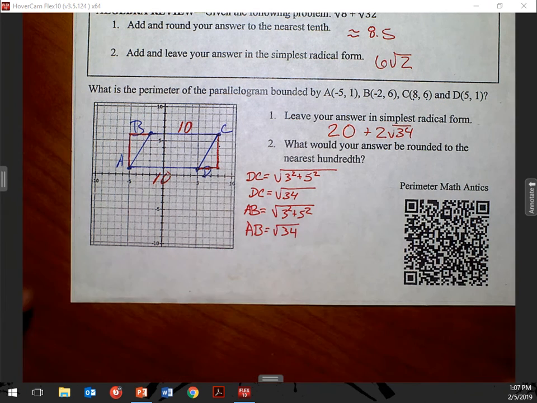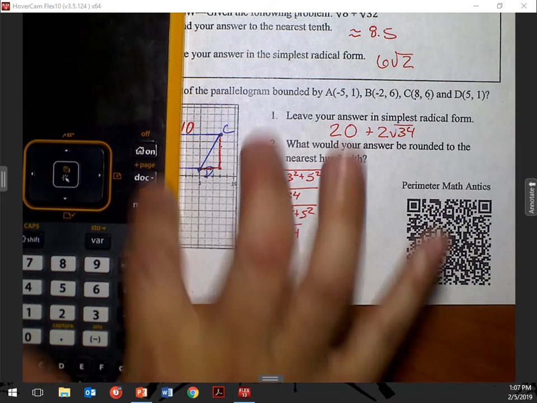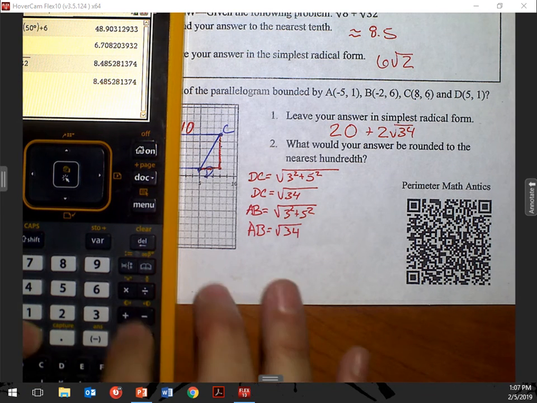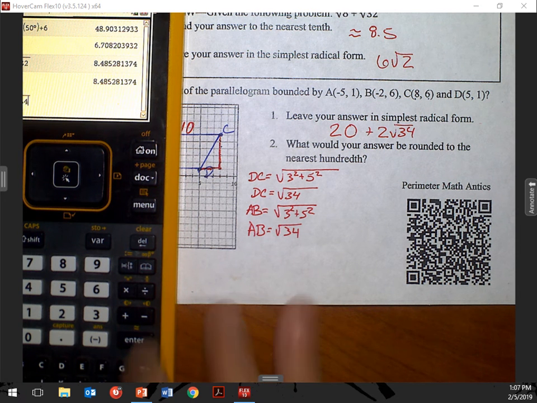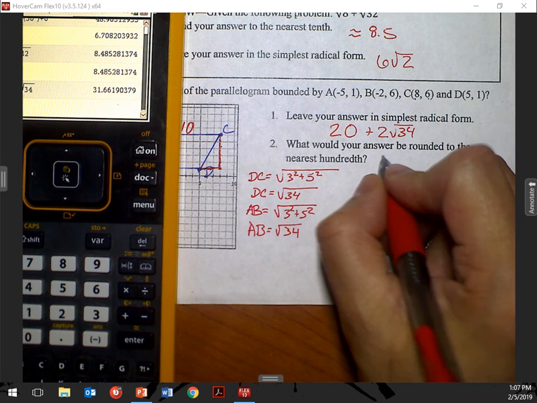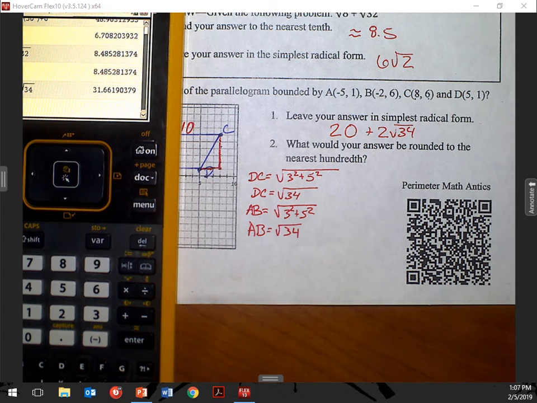Now let's round it. Let's plug that in the calculator. So 20 plus 2 rad 34. So it's going to be about, where's the hundredths at? The second number.